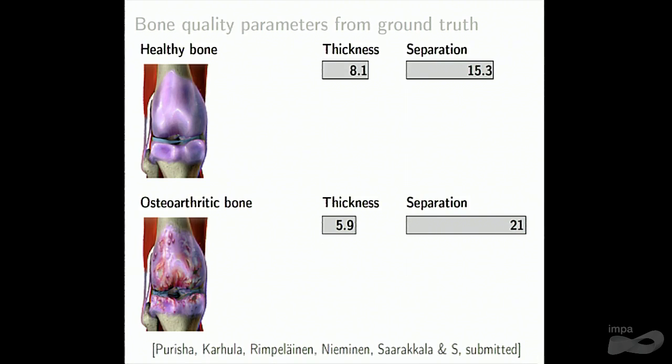So here I'm showing these trabecular thickness and separation values for healthy bone. And here, by the ground truth, I mean here I used all of those 600 directions and got a very high quality reconstruction and very reliable numbers. So for healthy bone, we see that inside the bone we can put a bigger sphere than for the sick bone.